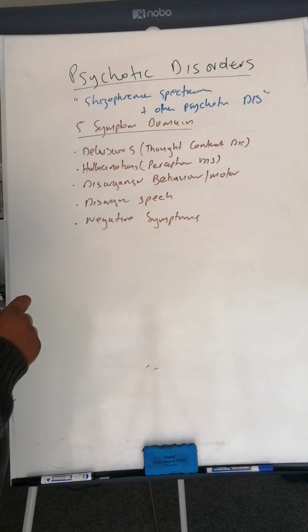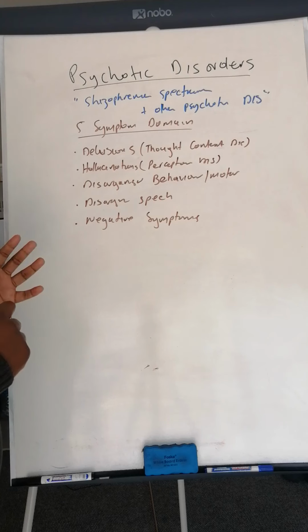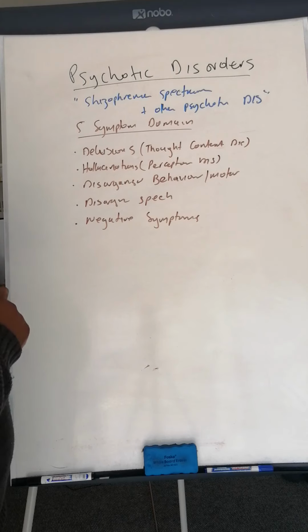Once you do that, you know that, okay, I'm not dealing with a mood disorder here, or an anxiety disorder, or a neurocognitive disorder. So you know that you've got a psychotic disorder that you're dealing with.